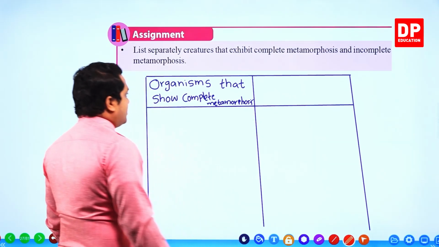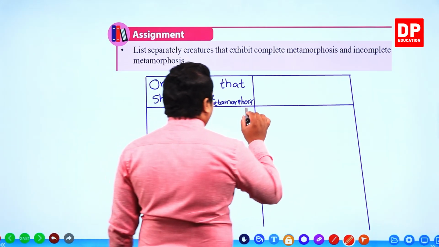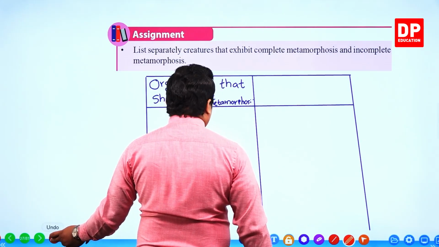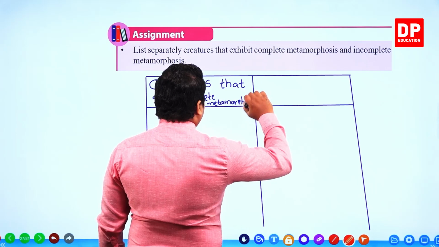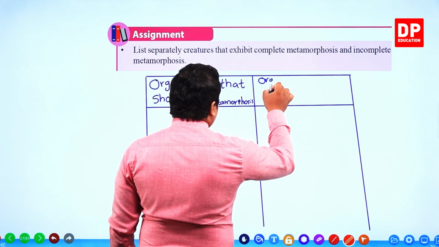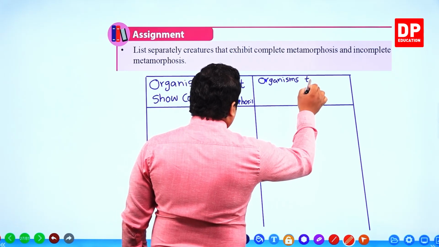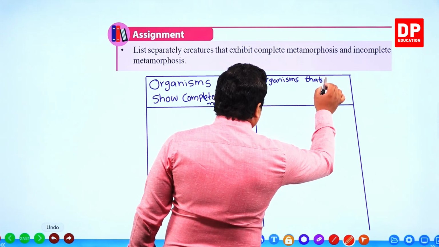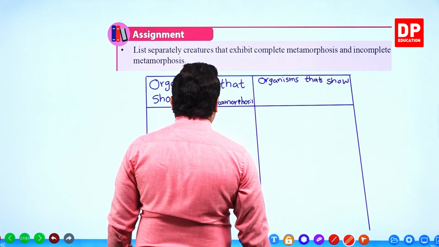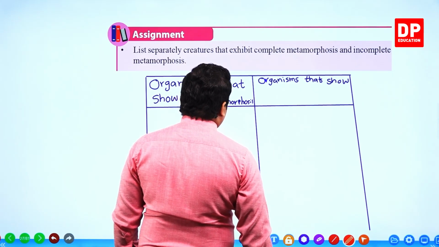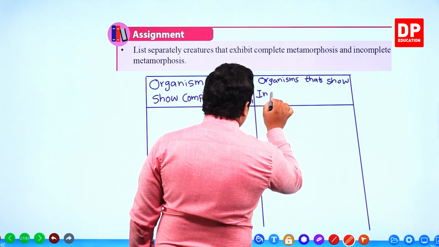Organisms that show complete metamorphosis, then organisms that show incomplete metamorphosis.